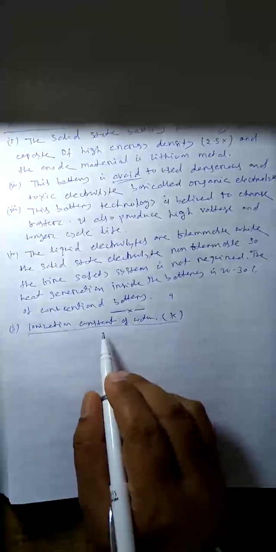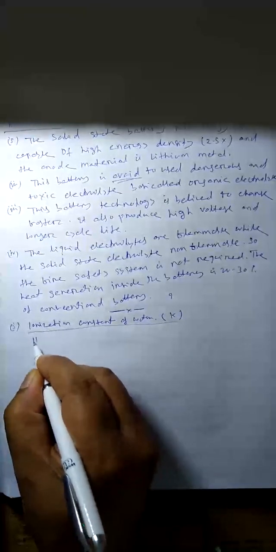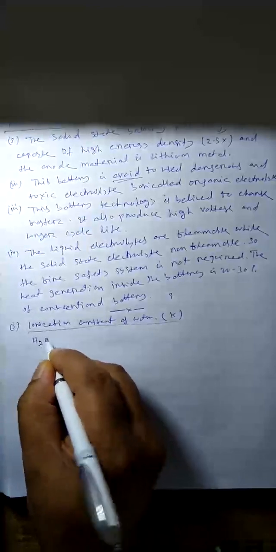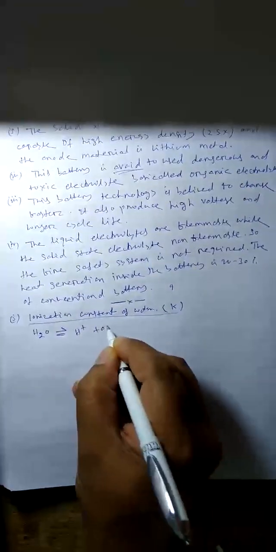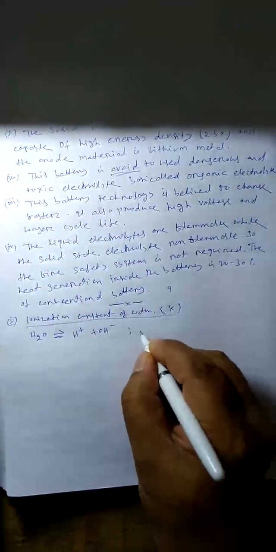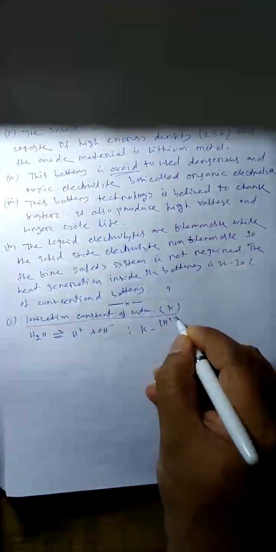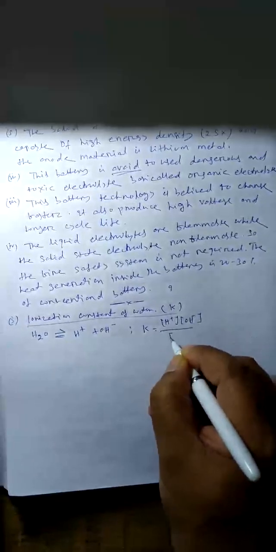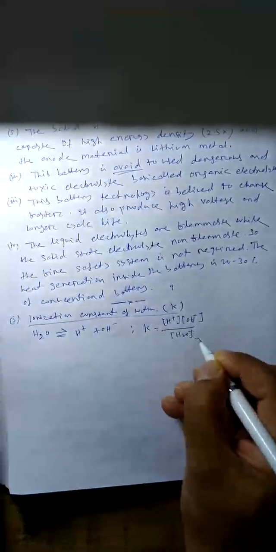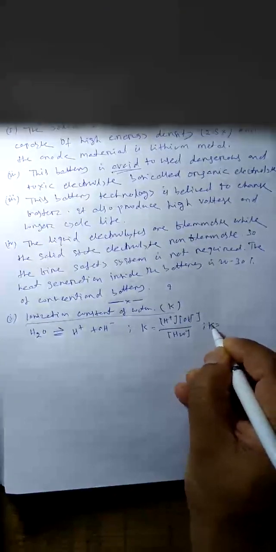Since it is in ionic form, it is called the ionization constant. We know that water dissociates into H plus and OH minus. So K is equal to H plus concentration times OH minus concentration divided by water concentration.